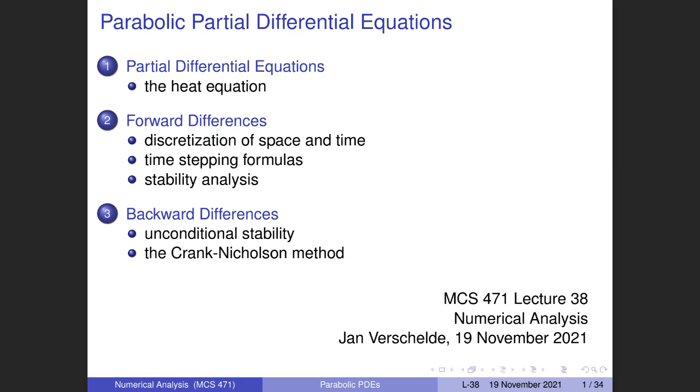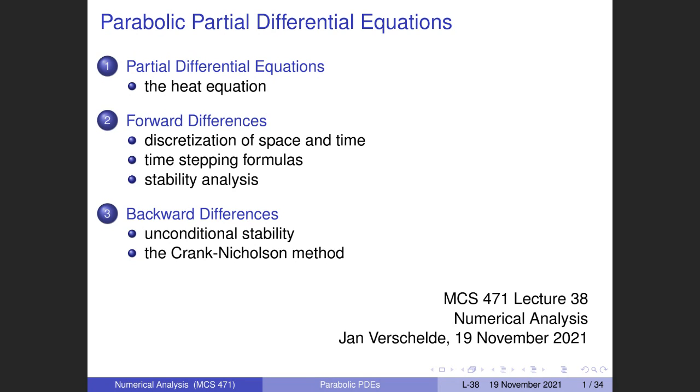So stability analysis will show we often need to take very small time steps or otherwise the solution will blow up on us. So the second method applies backward differences, and that is a method that is unconditionally stable, although still not that accurate. So we still may need to take step sizes that are too small.